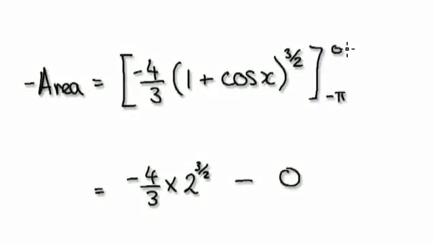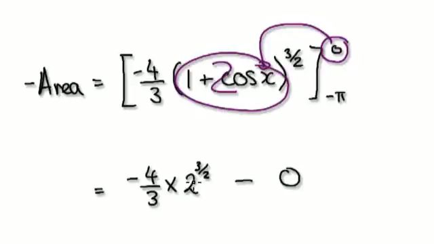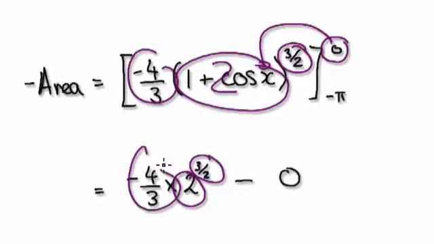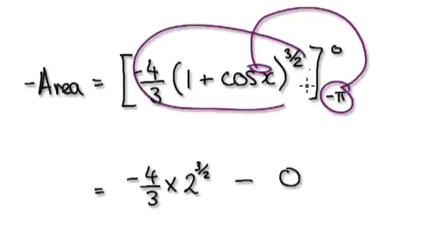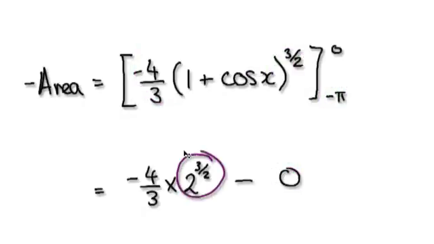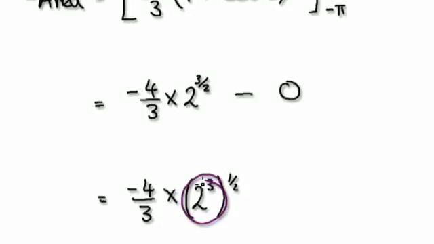So when you put 0 into here, cos of 0 is 1, making this a 2. That's this 2 here, and then this bit here. And when you put minus pi into here, then the whole thing here will be 0. Now visualize this thing here as this.